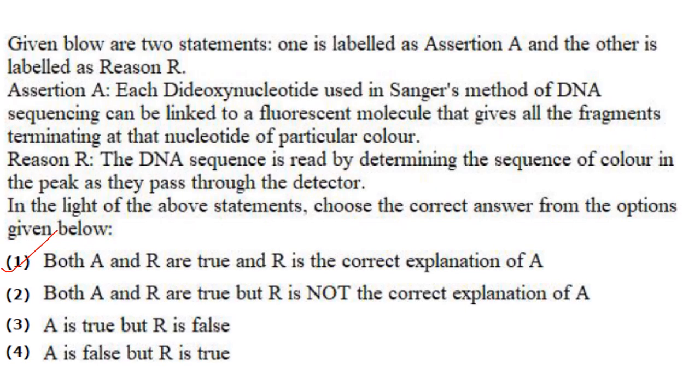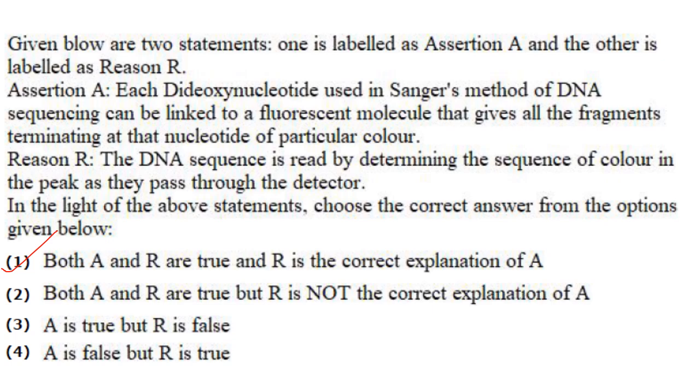The next one, here also assertion and reason. So assertion is each dideoxynucleotide used in Sanger's method of DNA sequencing can be linked to a fluorescent molecule that gives all the fragments terminating at that nucleotide of a particular color. Yes. So if you label the dideoxynucleotide with the fluorescent molecule, all the fragments terminating with dideoxynucleotide will give that particular color.